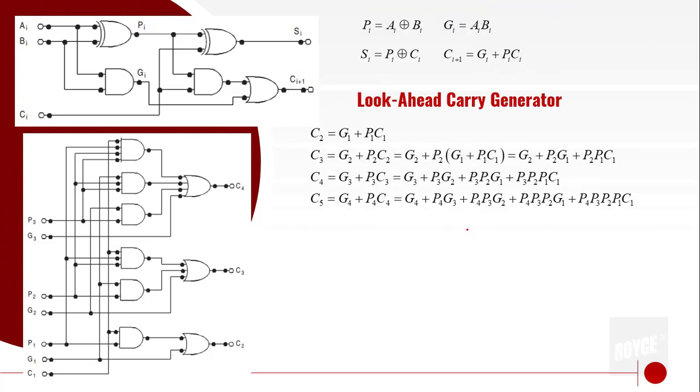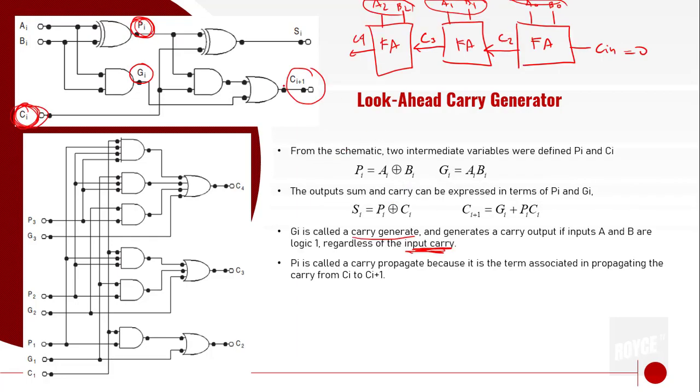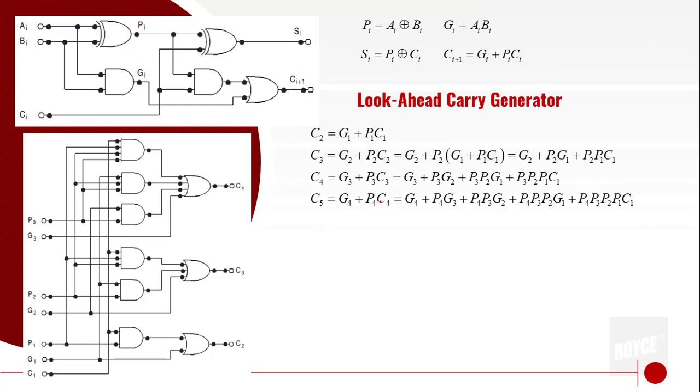Now, from this, pwede na nating tingnan yung bawat carry. So, ito di ba? Ito yung equation natin. S sub I is P sub I XOR C sub I, and C sub I plus 1 is equal to G sub I plus P sub I C sub I. So, if we're gonna get an equation for C sub 2, so I plus 1, that would be G sub 1 plus P sub 1 C sub 1.